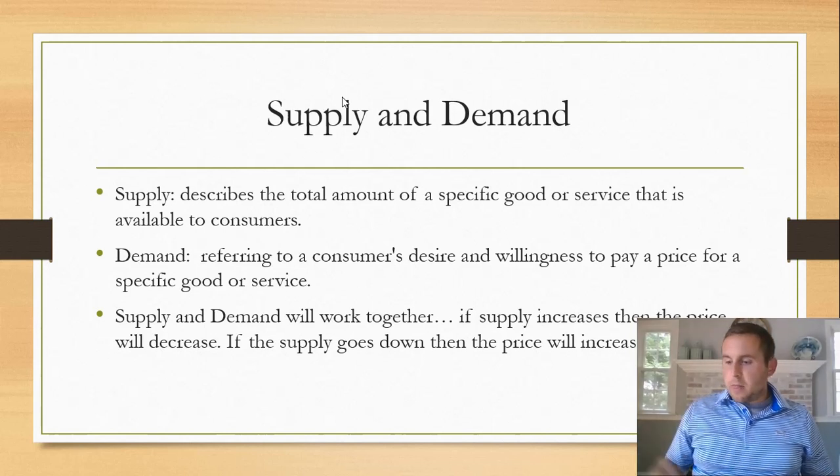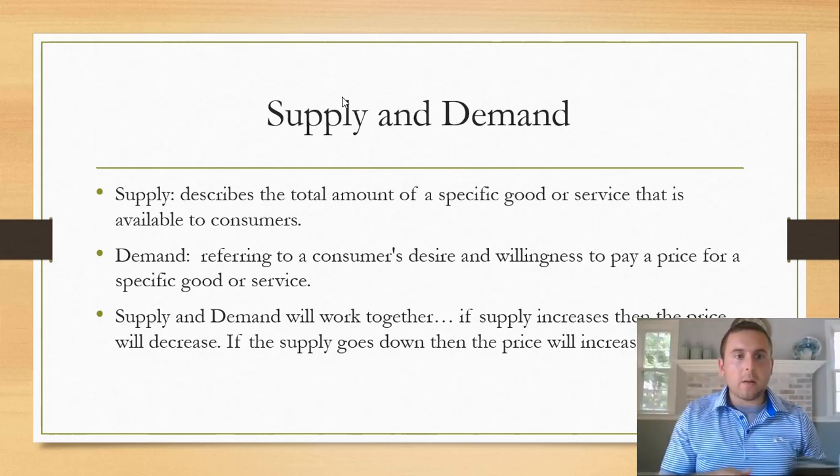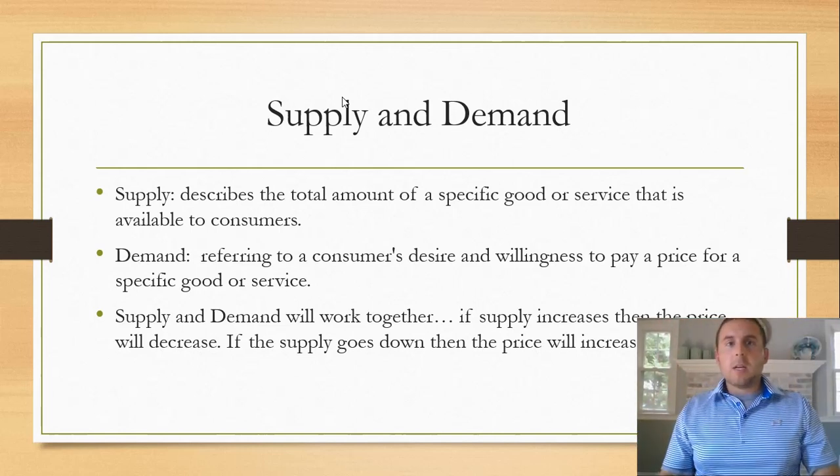Anything that people want to buy is a demand. Supply is how many goods we have, what types of goods. Demand is who wants to buy it, who's willing to purchase this wallet. So supply and demand are going to work together.